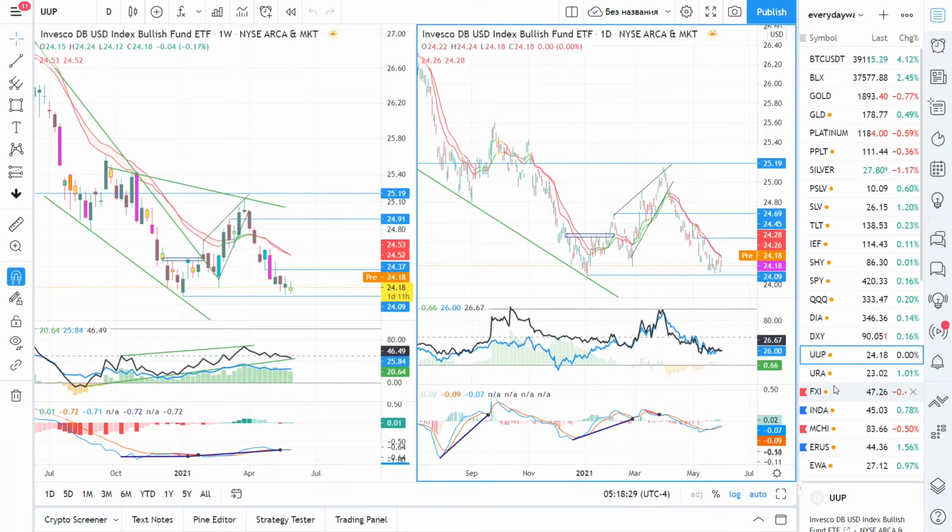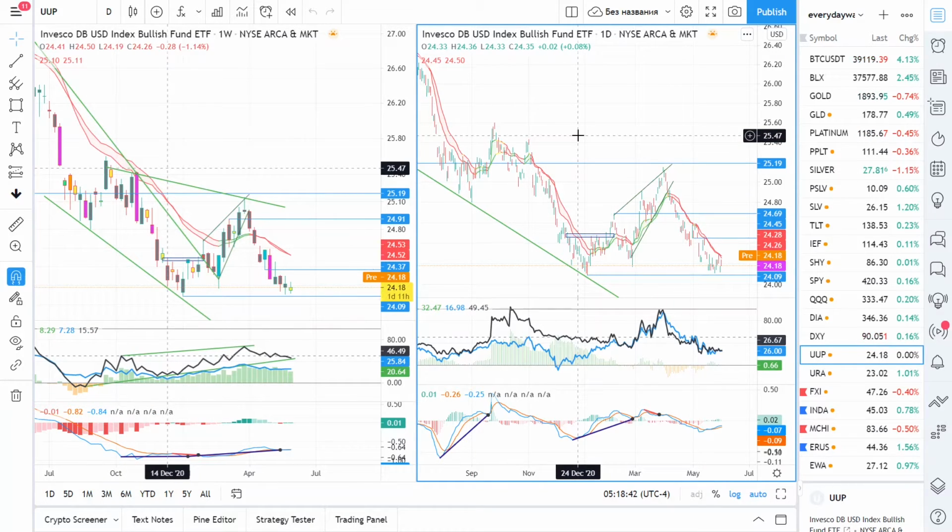Well, that will correspond actually with a chopping period on Bitcoin and with a downtrend on FXY. And putting all the puzzle pieces together kind of makes sense.